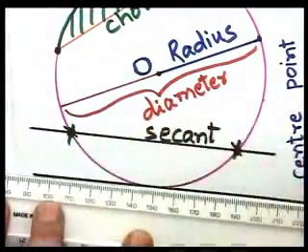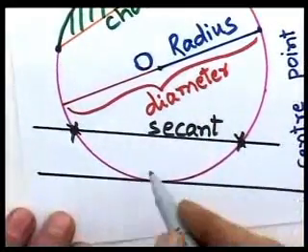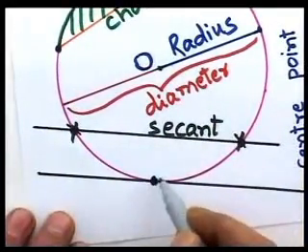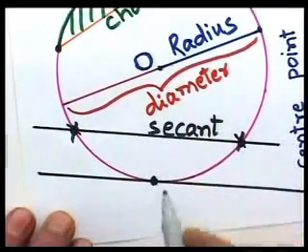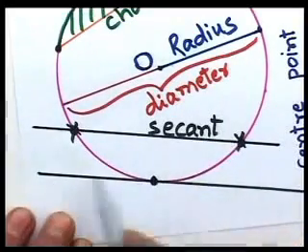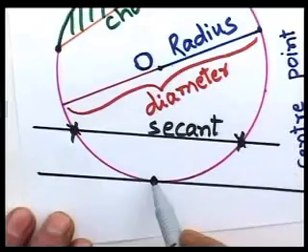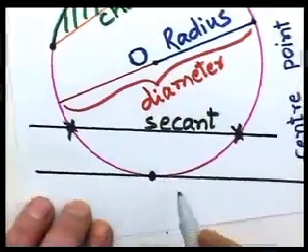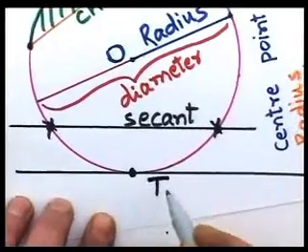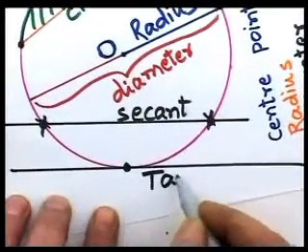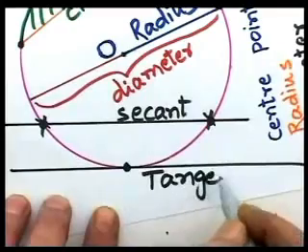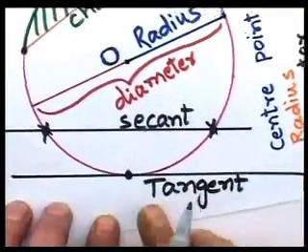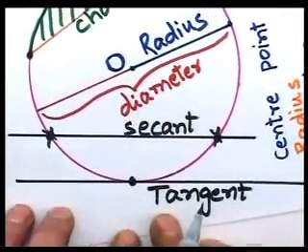It will touch the circle just at one point. That's the point of contact. So if a line is trying to touch the circle at just one point, we call this line as a tangent. Write the spelling there, please. It's a tangent. So you will also see this type of line in your worksheet.